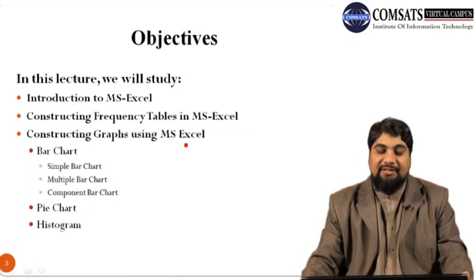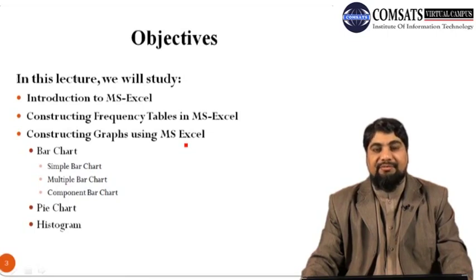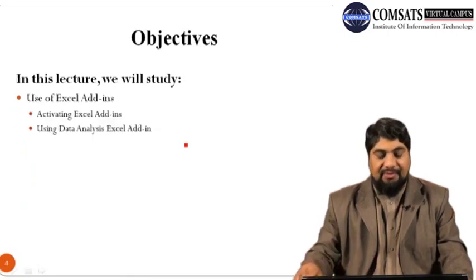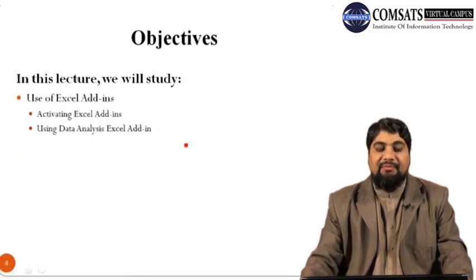So remember that the bar chart and pie chart both are used to draw the graph of qualitative data, whereas the histogram is used for quantitative data. So we will discuss the histogram as well. In addition, we will discuss how to use different add-ins.